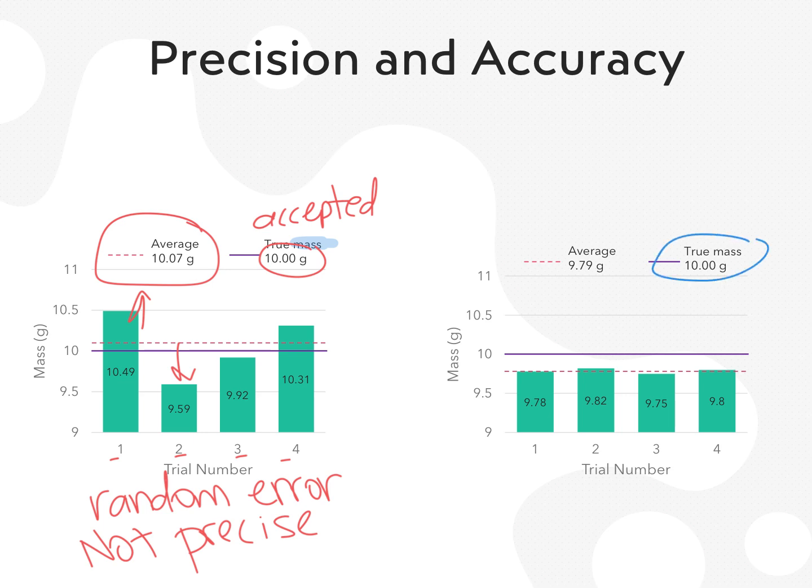Again, we say the true mass is exactly 10, and the average is 9.79, so it's probably not 100% accurate, but what I do see is that it is precise. This is the same error every single time. It's slightly below what the true mass is supposed to be. So this is a systematic error.